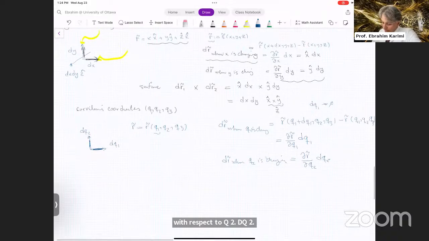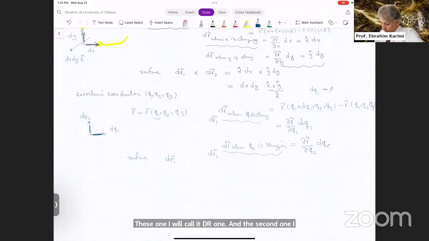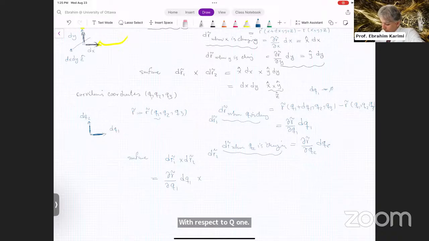Now I'm asking what is happening with the element of the surface. The element of the surface is given by the first one, which I will call dr1, multiplied by the second one, which I will call dr2 because the second parameter is changing. That will be the element of the surface. So indeed, the result will be the derivative of R with respect to Q1 dQ1, cross product with the derivative of R with respect to Q2 dQ2.